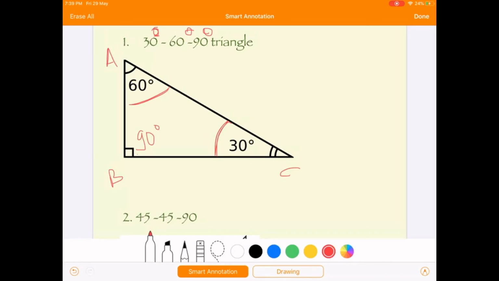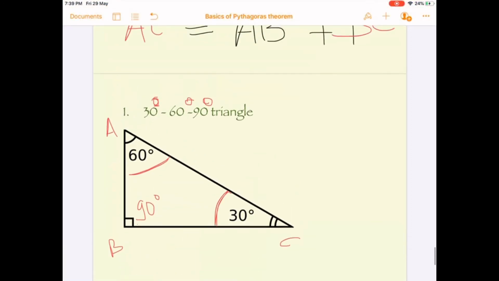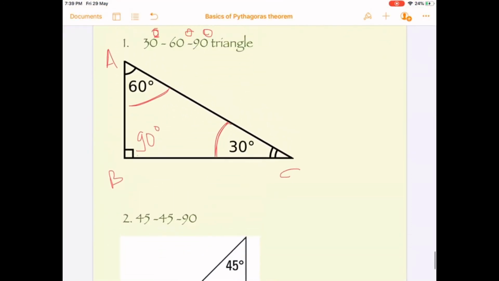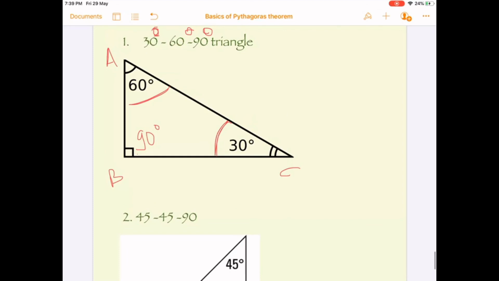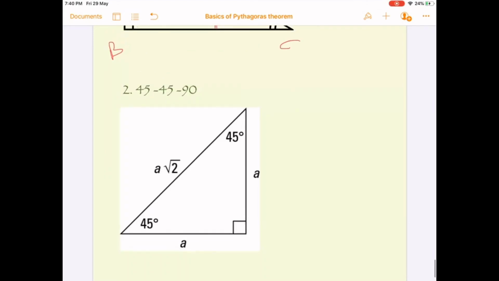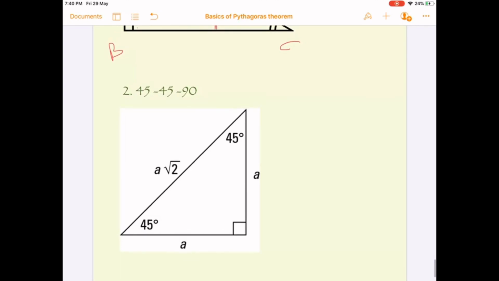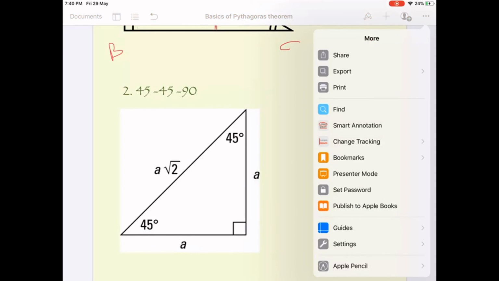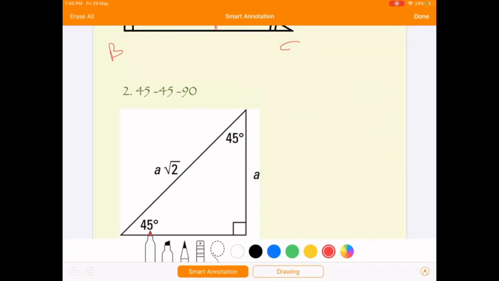But till then, just understand that right angle triangles are of two types only. The first one is the 30 degree, 60 degree, 90 degree triangle, and the second one is the 45 degree, 45 degree, 90 degree triangle. About this also we are going to study in more depth in the next video lecture.